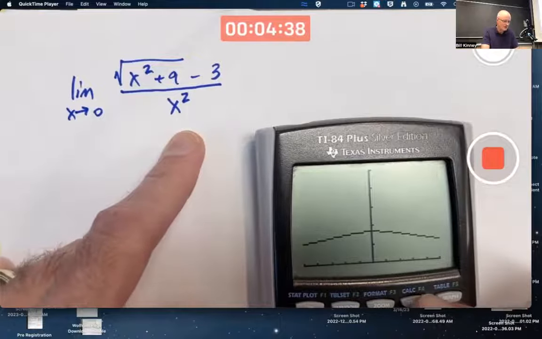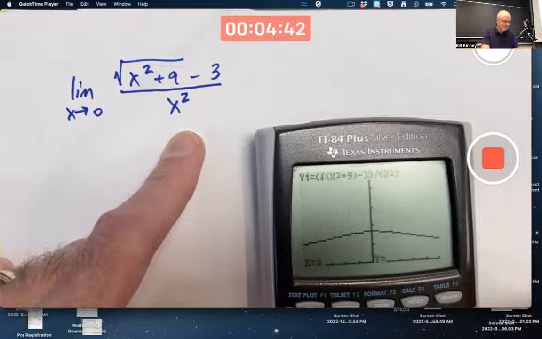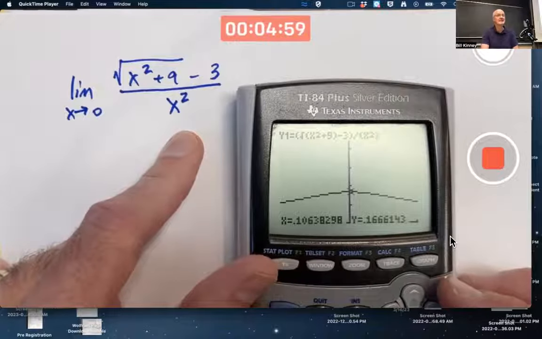What is the limit? We could try tracing. When x is close to 0 but not equal to 0, what is y getting close to? It appears to be getting close to 0.16, a bunch of sixes perhaps, 0.16 repeating. If you know your fraction to decimal conversions, maybe it's 1/6.